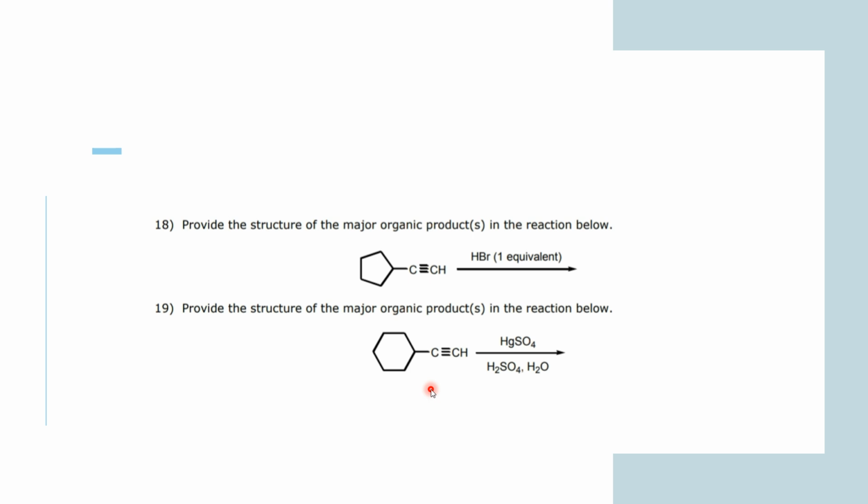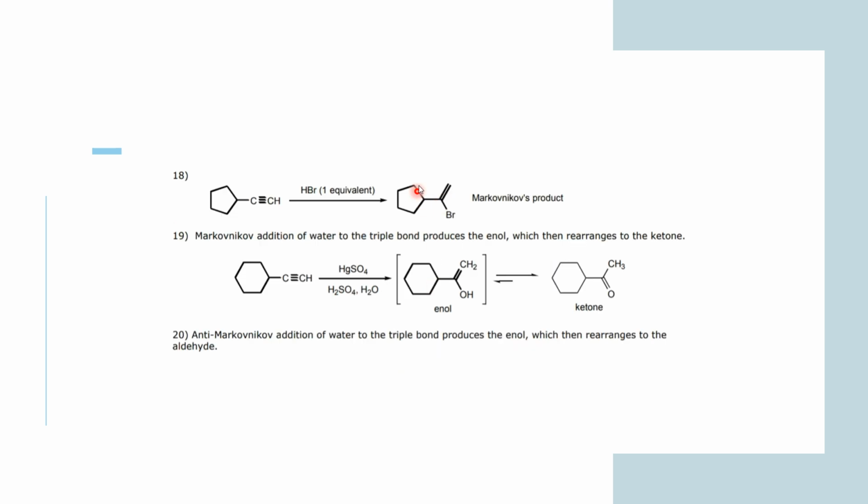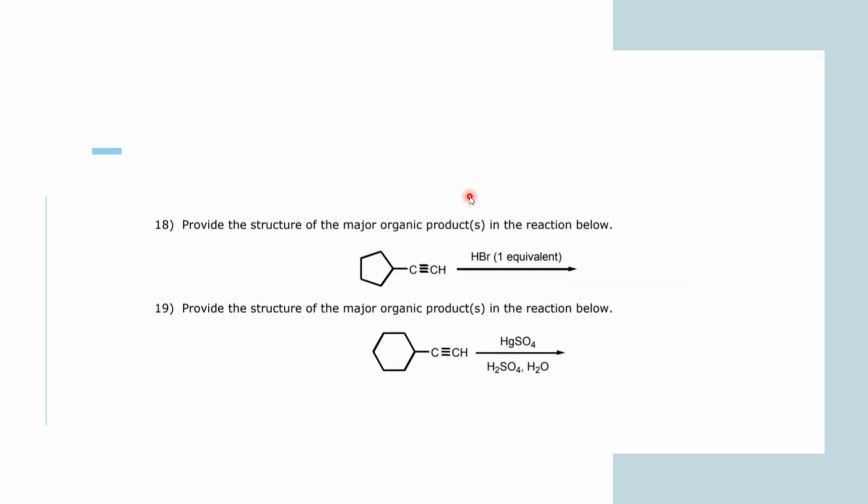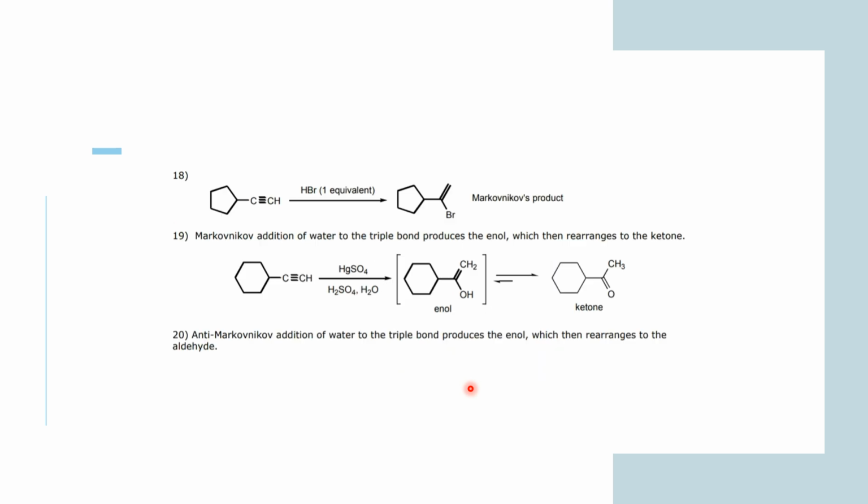Then we saw how alkynes react with HBr, and it followed the exact same mechanism as the alkenes did. Okay, and we ended up getting this Markovnikov product. And in case of this reaction, we found that alkynes also follow the same mechanism like alkenes.